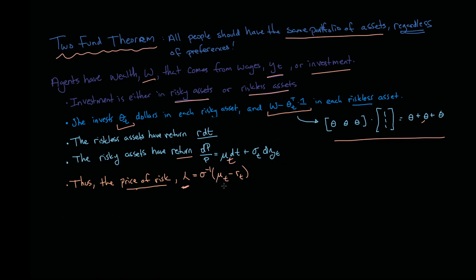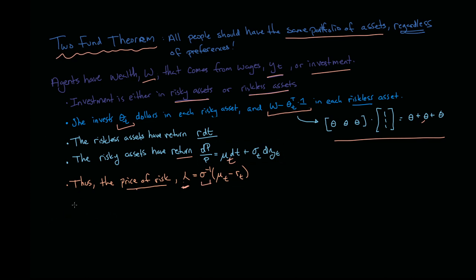And that makes sense. Mu_t should always be larger than r_t because you're taking on risk to buy that stock and hold it. And then how much risk? Well, it's the inverse of this matrix. So that is lambda.